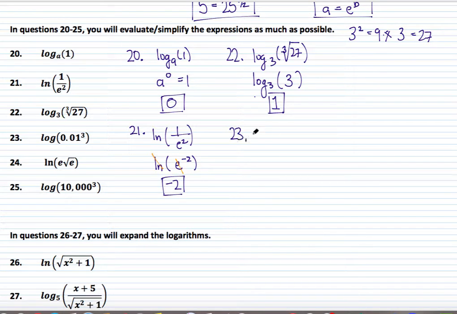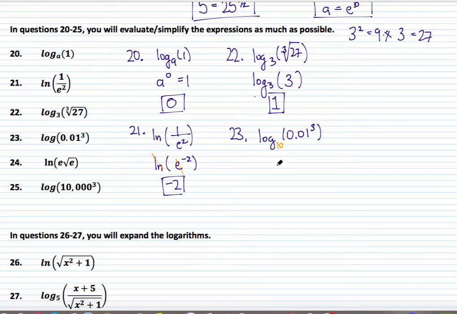Number 23 is log of 0.01 cubed. So here I'm actually going to need to do a little thinking. If I don't write anything for the base of a log, recall that this actually means log base 10. And so I want to know 10 to what power gives me 0.01 to the third. There's a couple ways to go about this, but I'm going to do it the way that I best think about it.